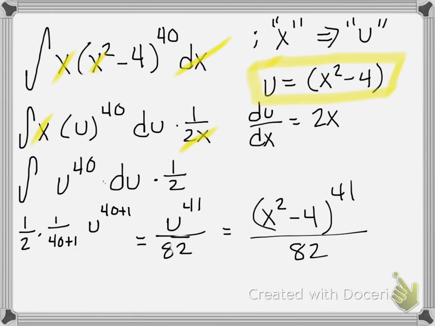But one thing you've got to watch, which I'm pretty bad about, is that since we were doing an indefinite integral, for our answer we need to throw the plus a constant in there.